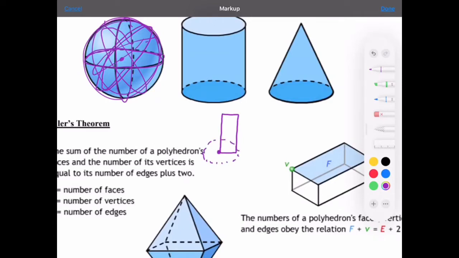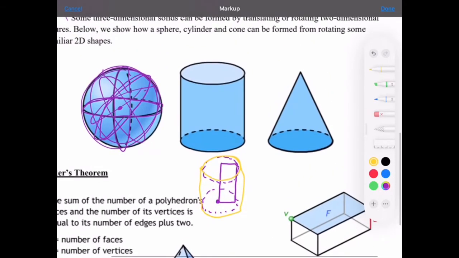And when I spin it all the way around, I'll end up with a cylinder, right? So it's pretty much just a rectangle rotated in a circle, okay? So that's how we could get a cylinder.